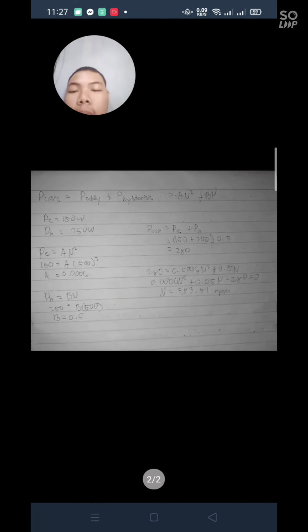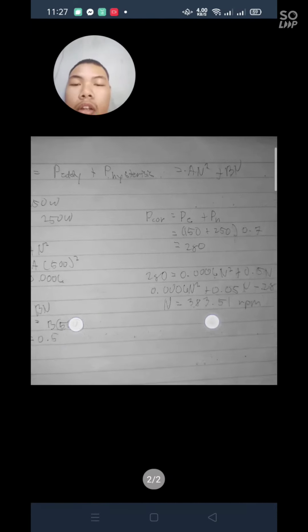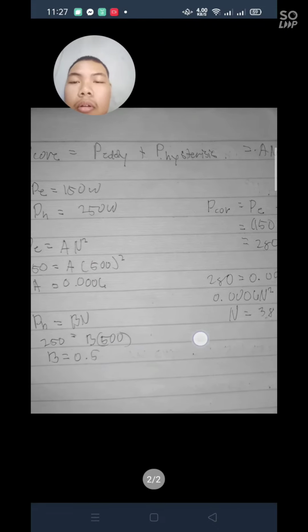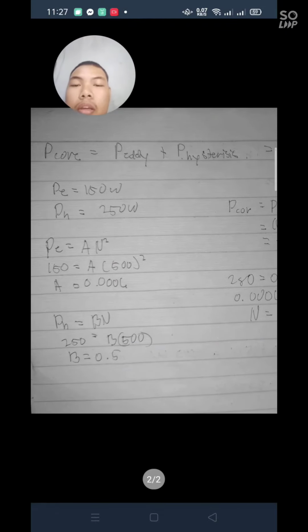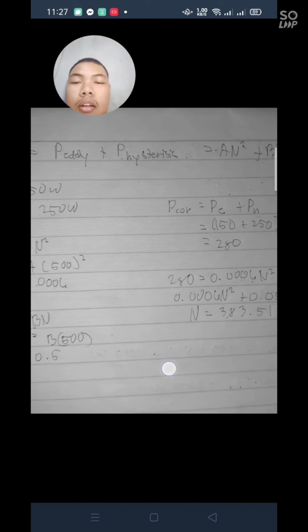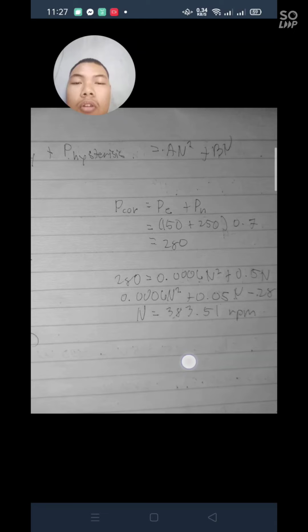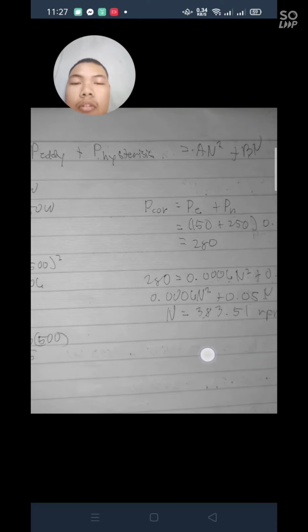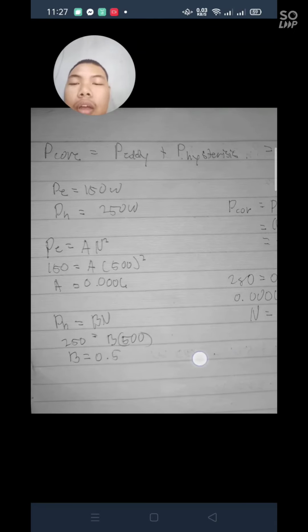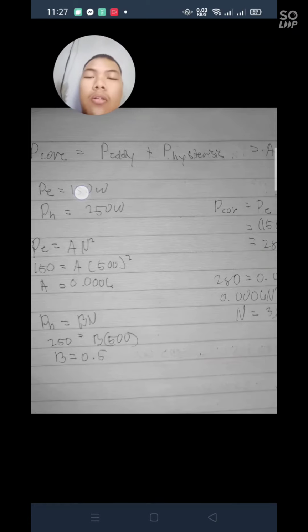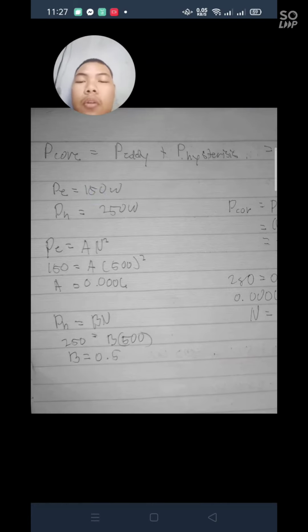So our formula is P core equals P eddy plus P hysteresis, and it is also equal to AN squared plus BN. So we have P eddy of 150 watts and P hysteresis of 250 watts.